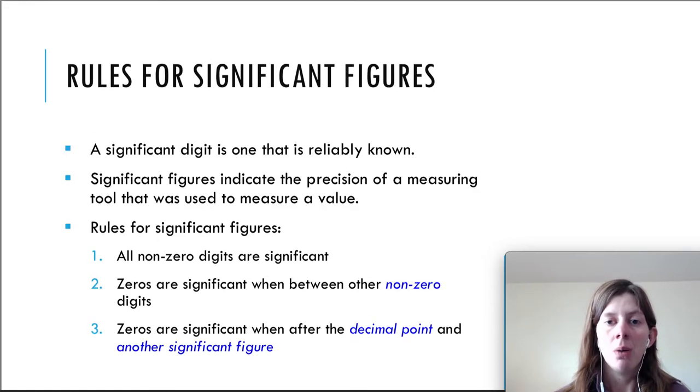So when we're looking at sig figs, it's one that's reliably known, one that we're confident with. This is especially applicable when you're taking measurements. And it indicates the precision of your tool, right? So this is back to the example about measuring your hand with a meter stick.